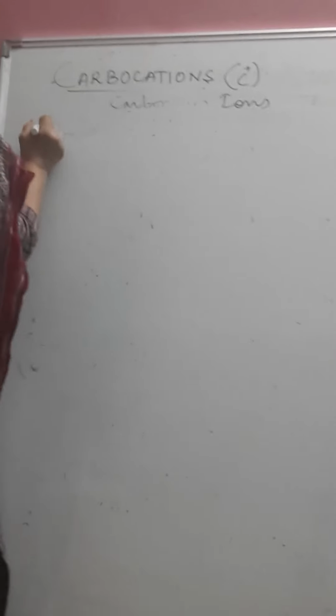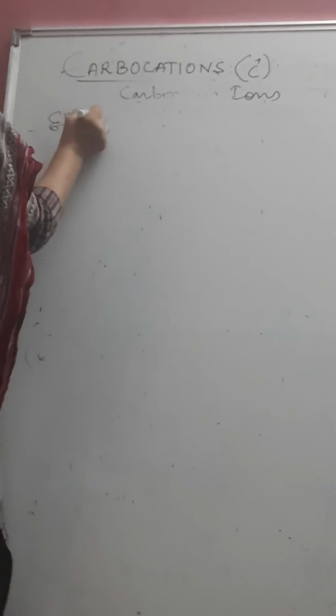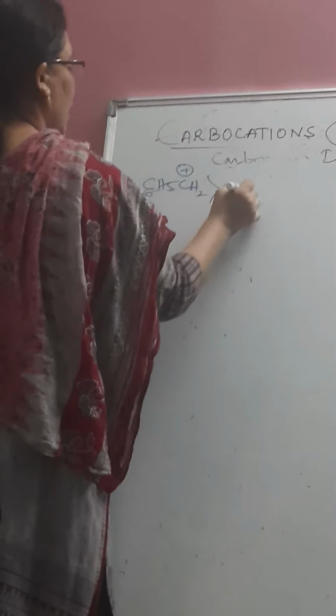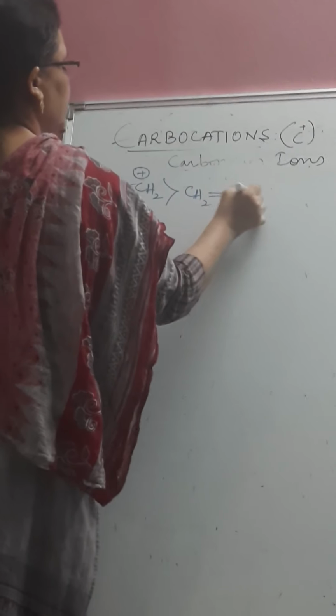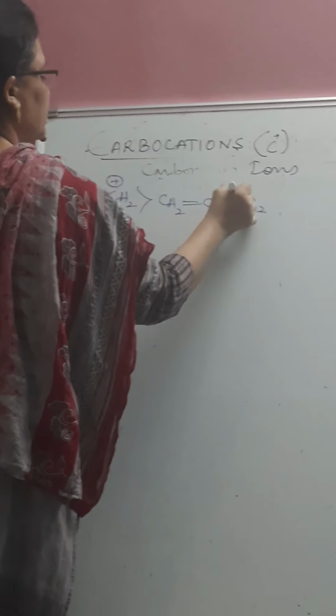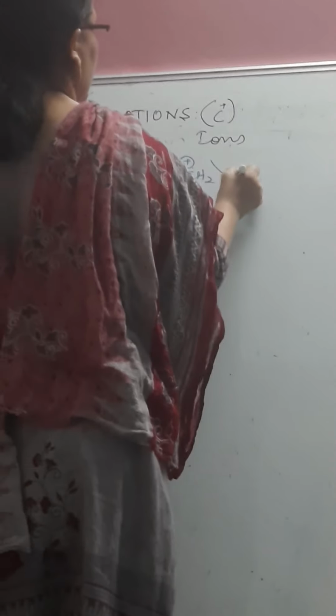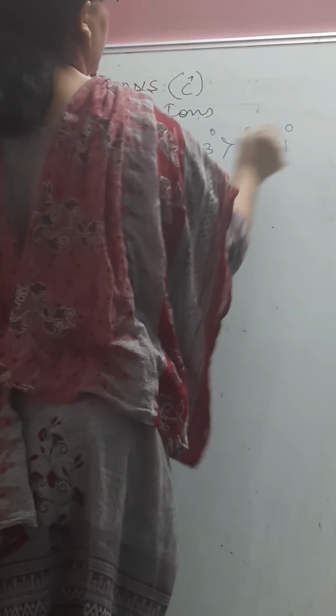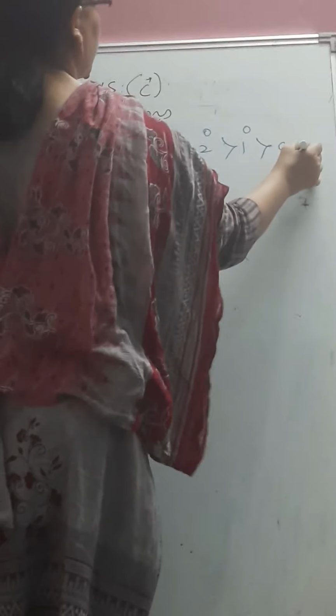Therefore, benzyl carbocation undergoes resonance more than allylic, this is allylic, then we compare with tertiary, secondary and primary, then methyl.